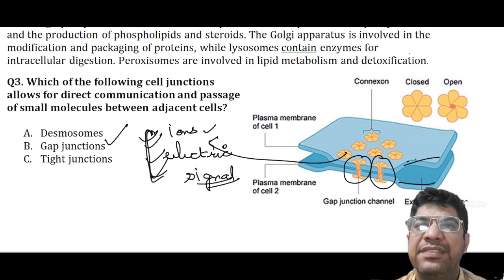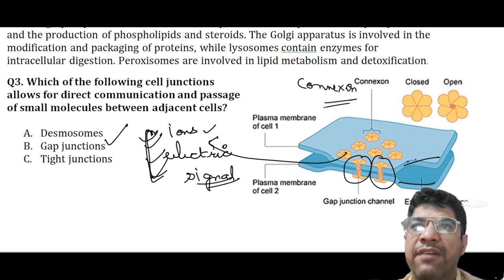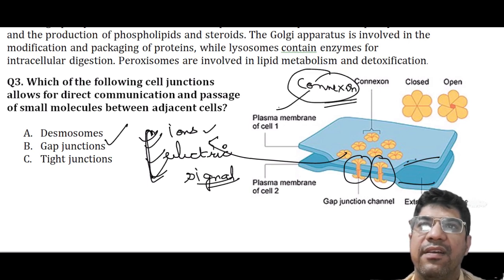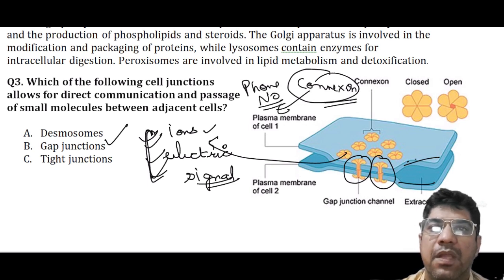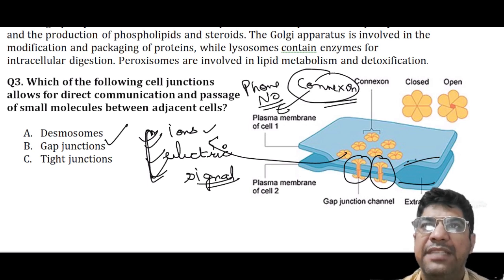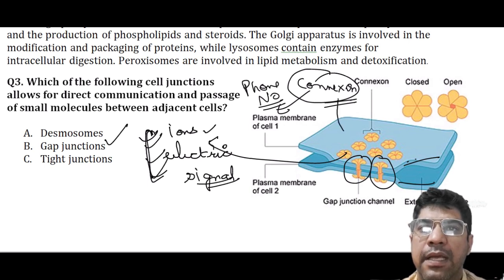Inside these gap junctions, there are special proteins that connect one cell to another. These proteins are known as connexins. They are just like a phone number for these cell phones. Multiple connexins connect together to form a connexon.